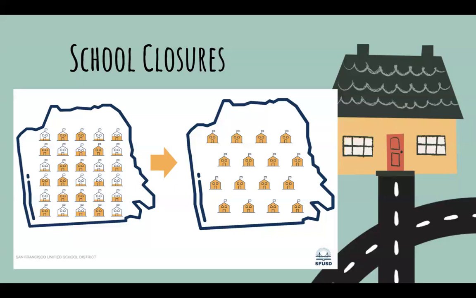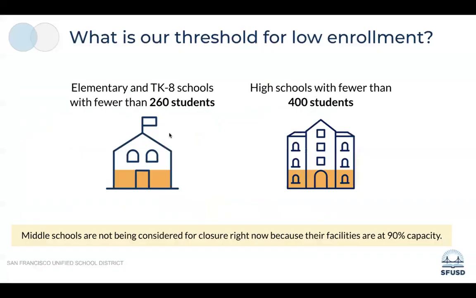咁首先我哋校區而家處於預算危機，即係唔夠錢，咁就要睇下有啲學校冇乜人讀，有啲學校就好多人讀，所以招生人數唔夠嗰啲學校，我哋就希望可以關閉佢，整合咗啲資源，每間學校都可以平均分配到資源。And so what the district has decided is low enrollment is for elementary and TK to 8 schools, that's fewer than 260 students.